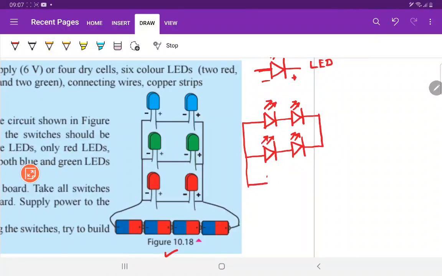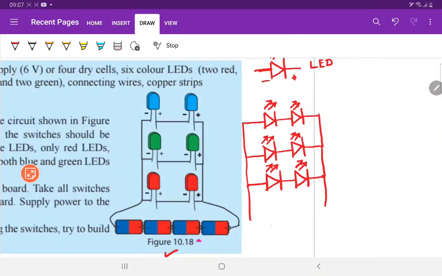This one will be the red LEDs. If you do not indicate the arrows, it means it's a diode. Light emitting diode only.